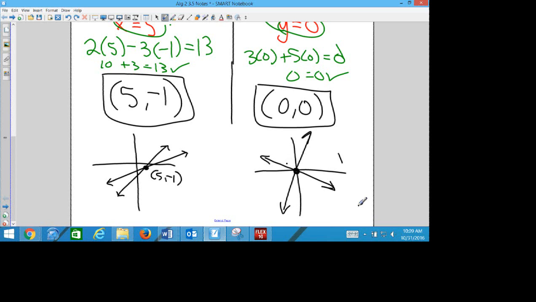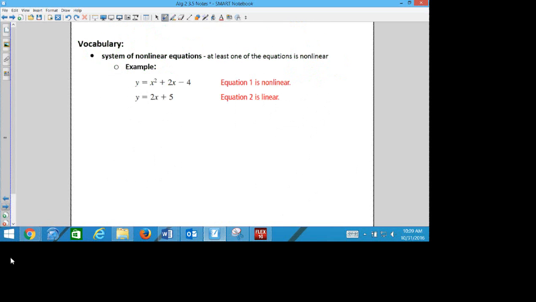So we're doing that today, only today's lesson doesn't have 2 lines. Today's lesson has possibly 1 line and 1 not line, or 2 not lines, right. And this is just an example of what you might see.